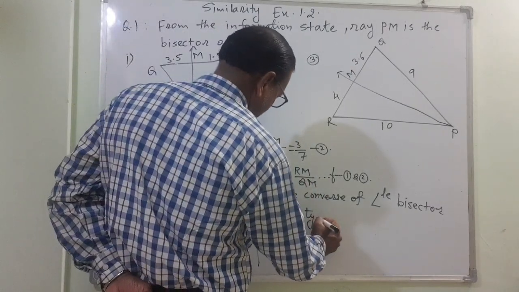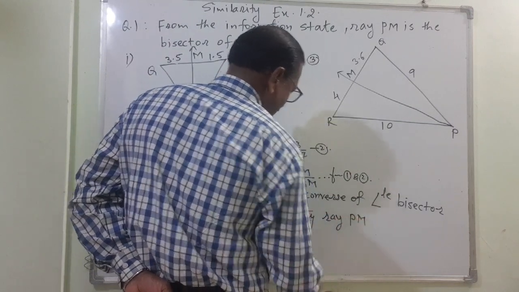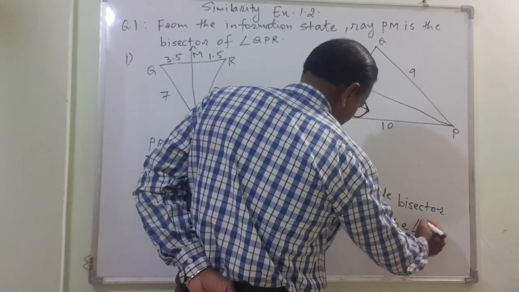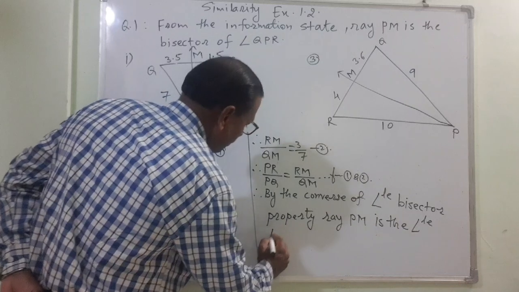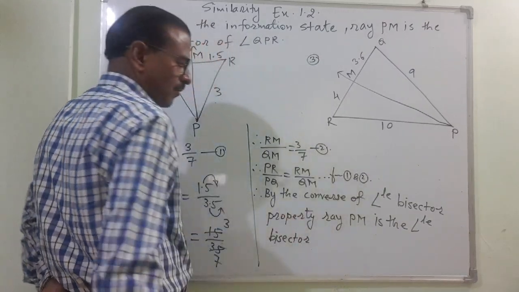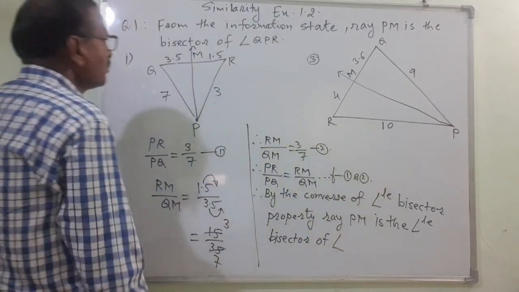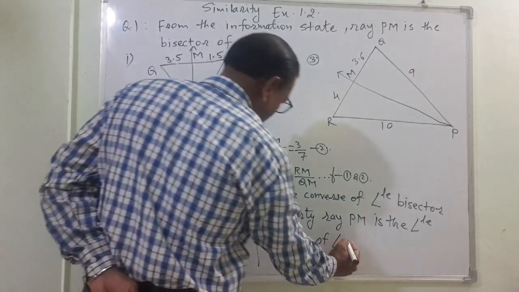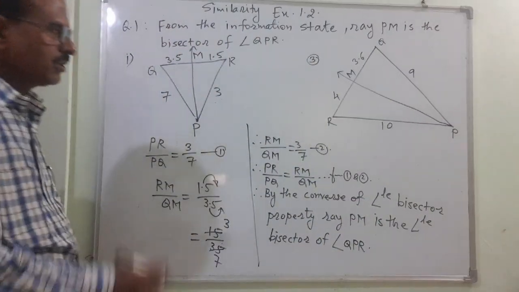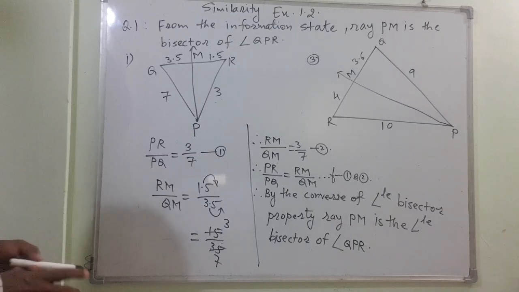Ray PM is the angle bisector of angle which they have asked, QPR. This way, this will be completed. Hope you have understood this.